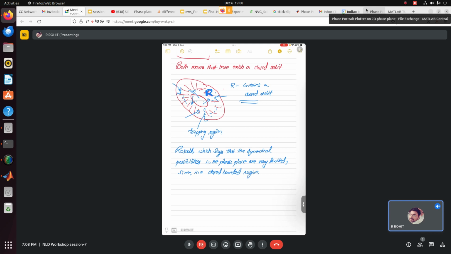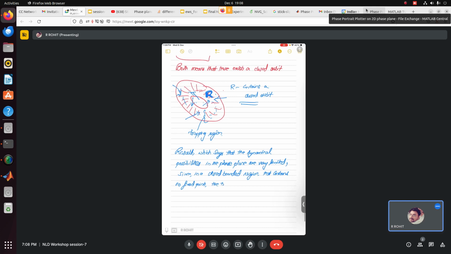in a closed bounded region that contains no fixed points must eventually approach a closed orbit.